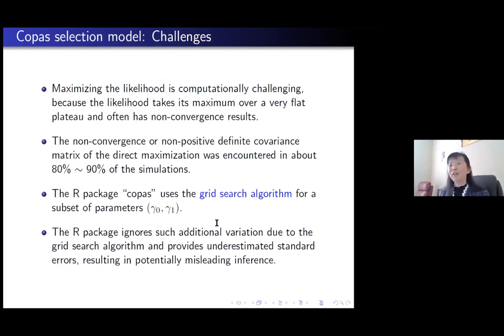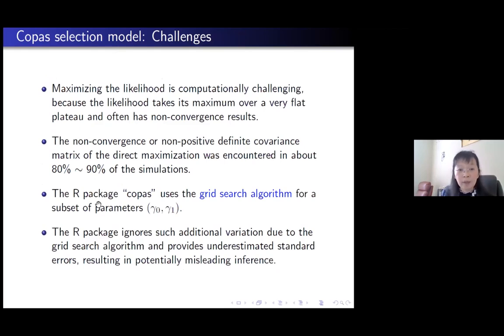As acknowledged in the literature and confirmed in our simulation studies, directly maximizing the likelihood is computationally unstable because the likelihood takes its maximum over a relatively flat surface and often has non-convergence results.